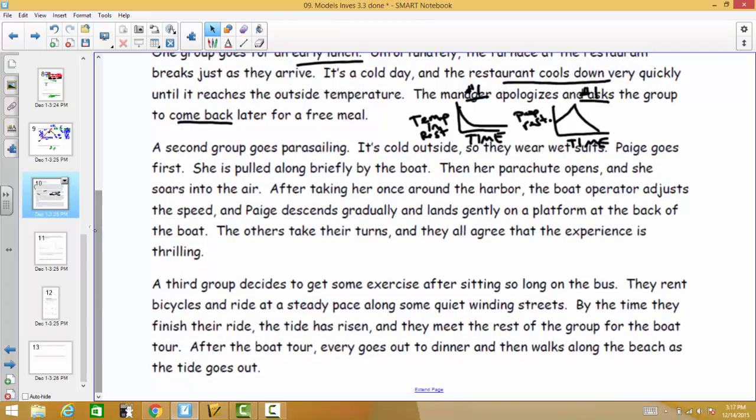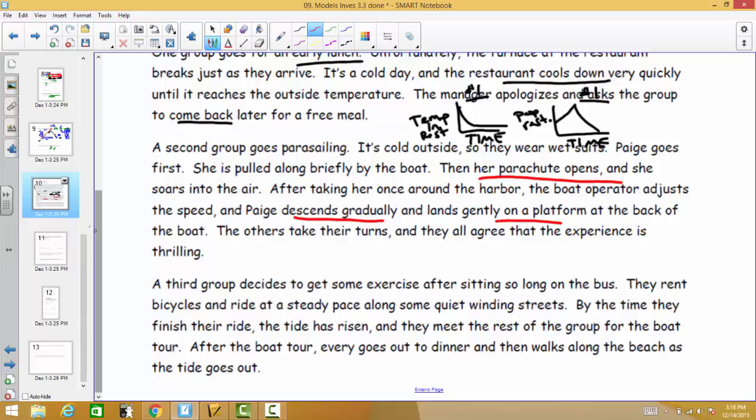Okay, so the next one is a parasailing group, and this person is pulled by the boat. And then her parachute opens up and she soars into the air. And then she gradually descends and lands on a platform at the back of the boat.